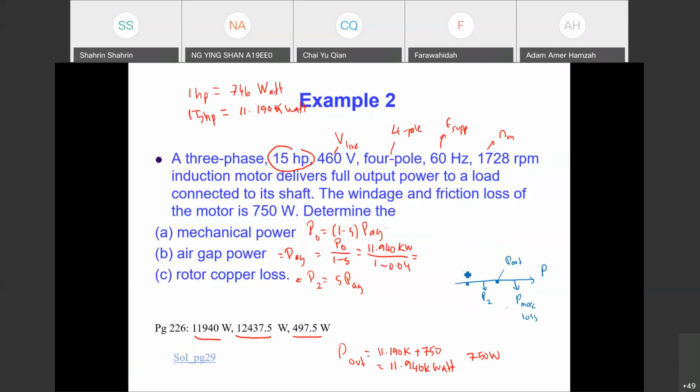And then this is your P air gap. From this P air gap, you have P1, the stator losses. And then finally, this is your P input. So in terms of the power flow, these are the losses and so on. You have the flow like this. So P out here is actually the P out without mechanical losses.